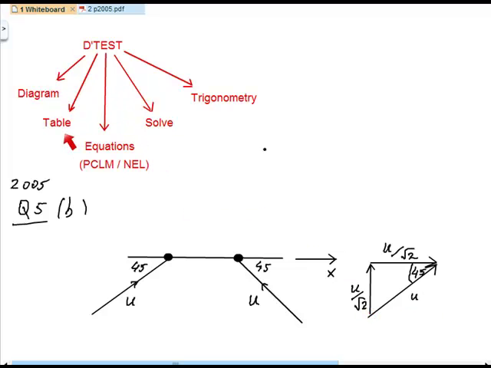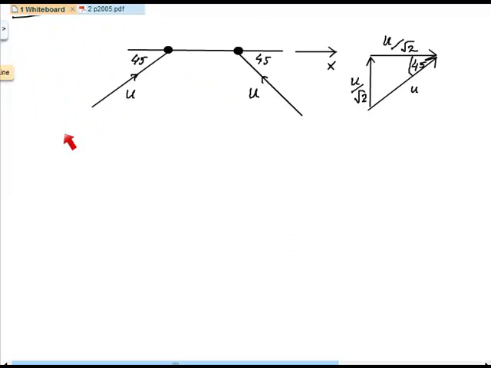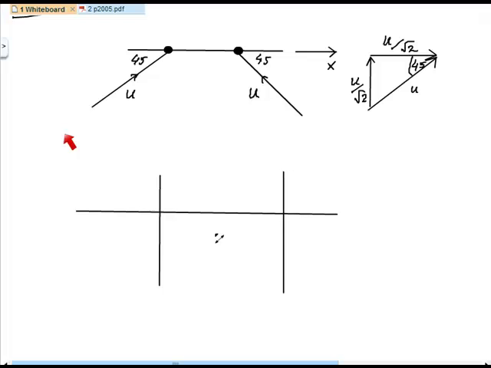Next we will move on to a table. And the table looks like this. We want to have 3 columns, and we'll give them 3 titles: before the collision, and after the collision, and the mass in the middle.